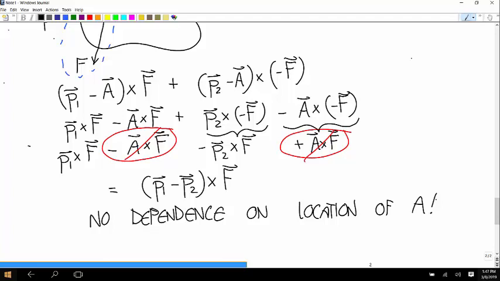And so that's why when you have couples, like in the case where you're adding up the moments about the x-axis, if everything is a couple, you don't even have to bother to choose an about point because those couples produce the same moments no matter where you would choose it. Any other questions?